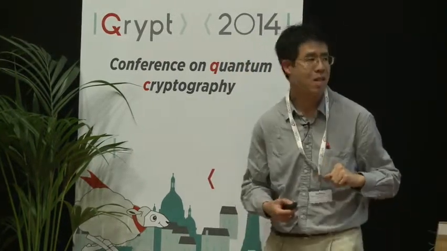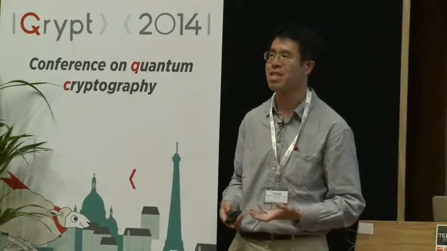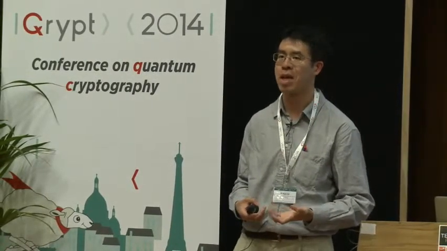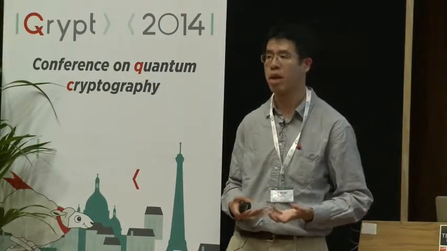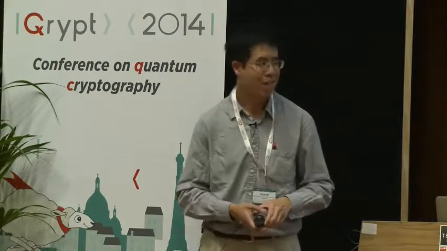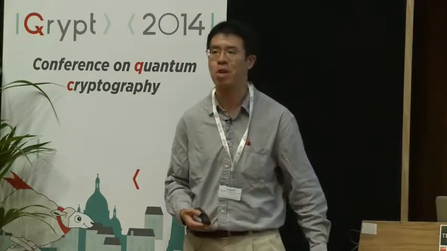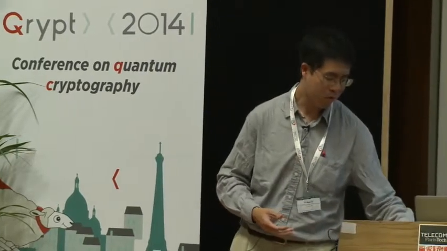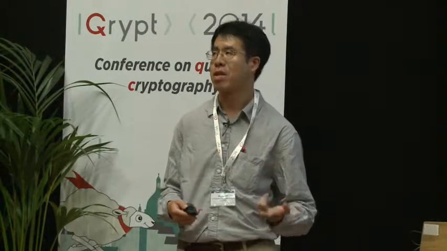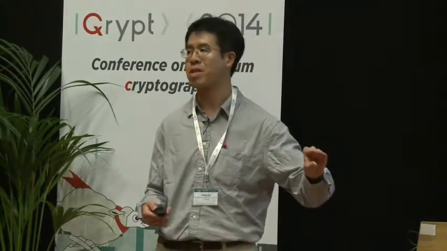The bad news with this construction is that, in fact, if you can use an entangled measurement, then you can recover both messages. And you can see explicitly how you can do this. If you want to recover both messages, you can run this classical decoding algorithm in superposition. You don't actually do any measurements.